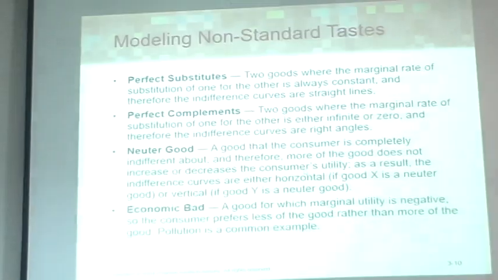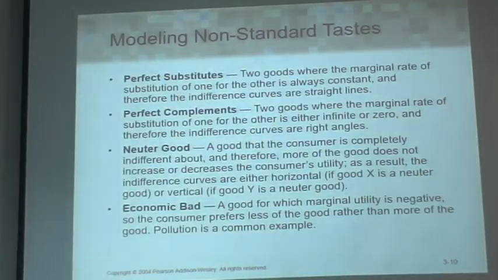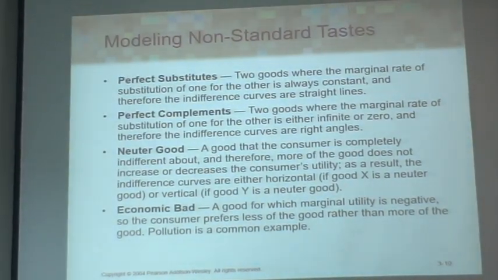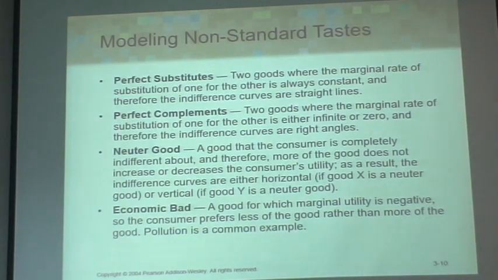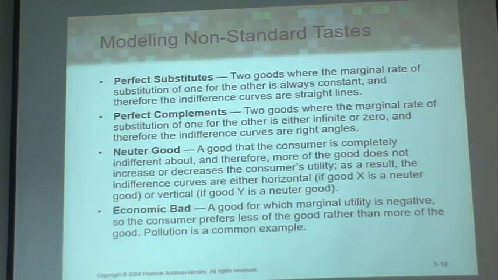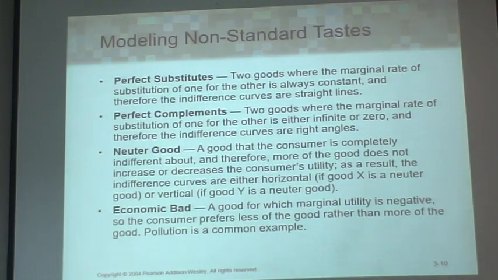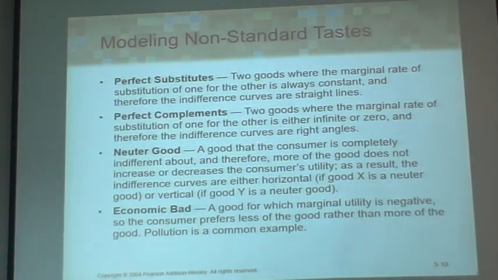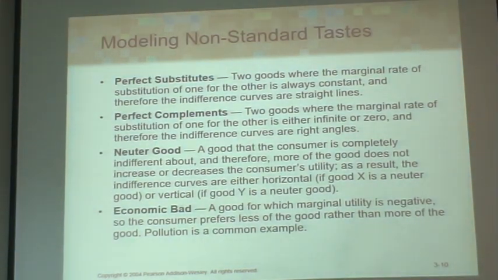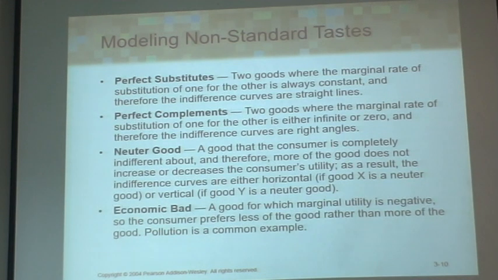We haven't talked about this in our class, so we will briefly introduce it. Perfect substitute. Can anyone give me some examples of perfect substitutes? Zhang Ziwei, can you give us some examples? What's a substitute? Beef or pork, right? That's a substitute.